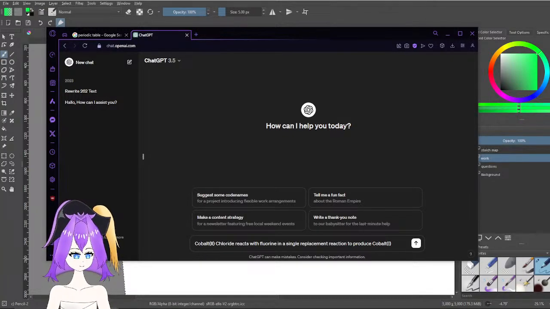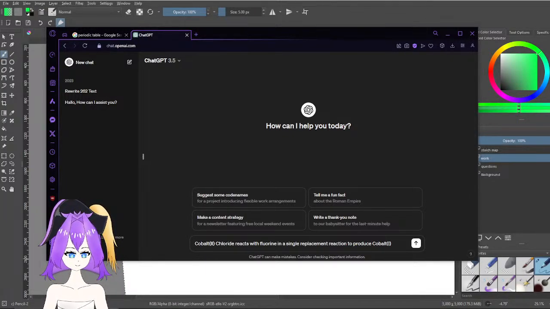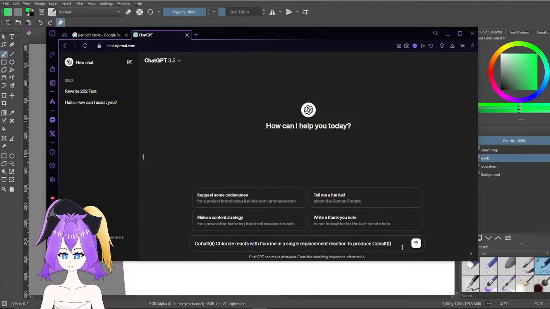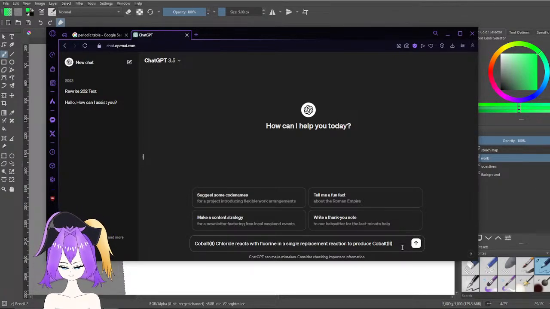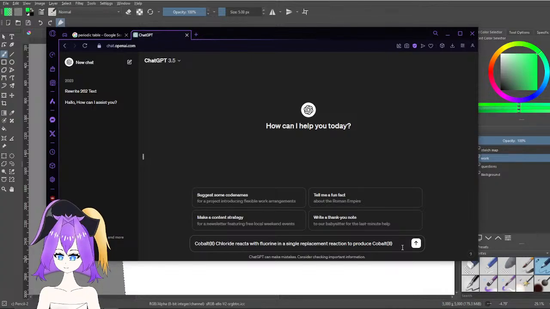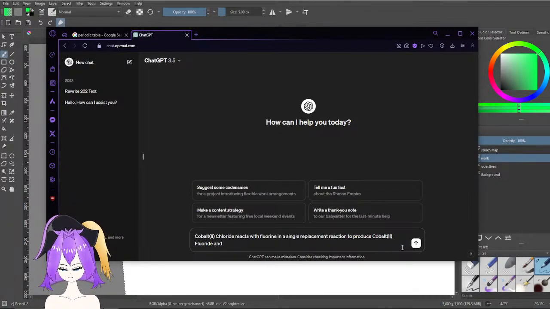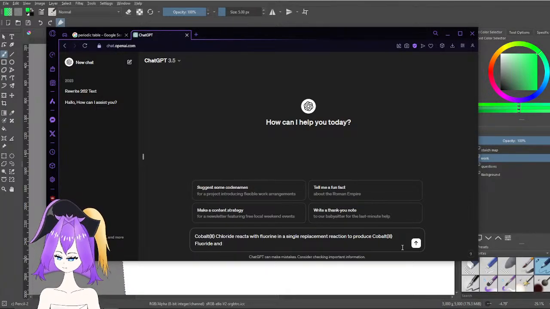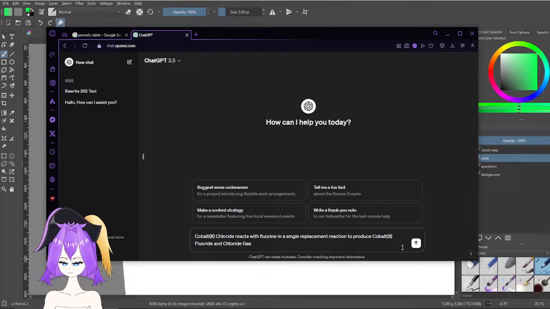Hold on, let me switch up the BGM just a little bit. There we go. Cobalt 2 fluoride, and to produce cobalt 2 fluoride and chlorine gas.